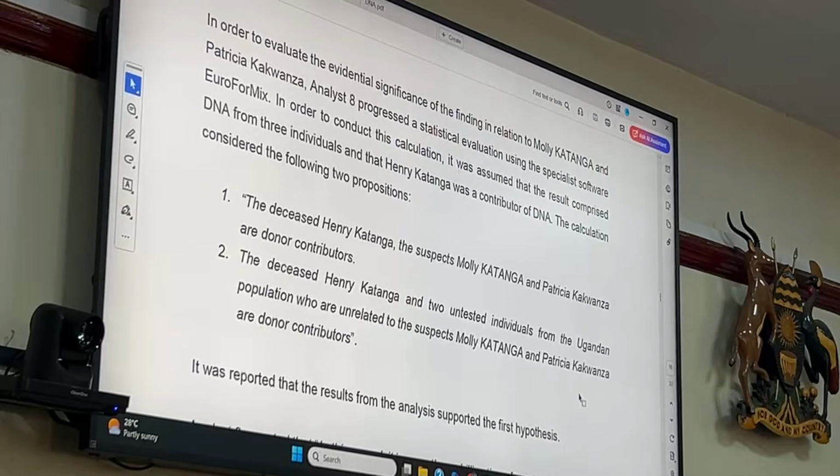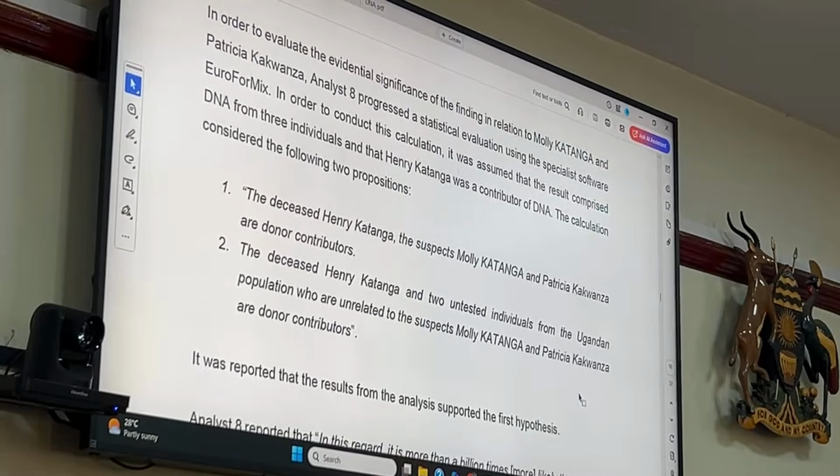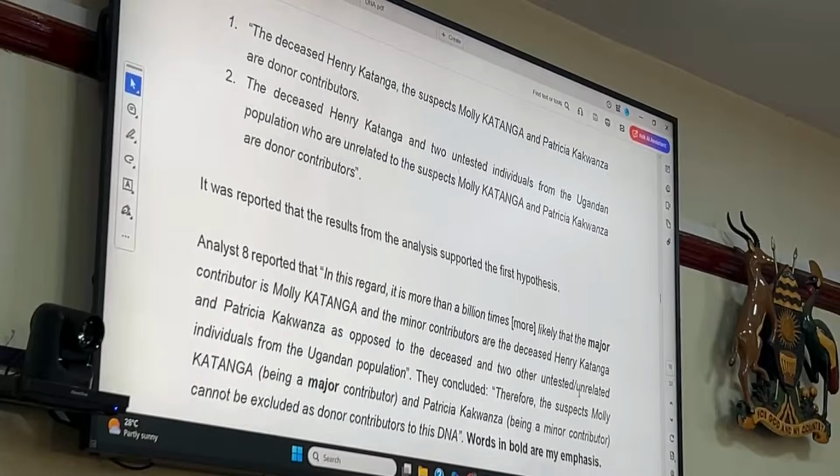Then, the language used. The report says, according to them, I see it says those two propositions in the report. What, if any, comment do you have on that? The calculation has been processed on the assumption that DNA from Henry is present.